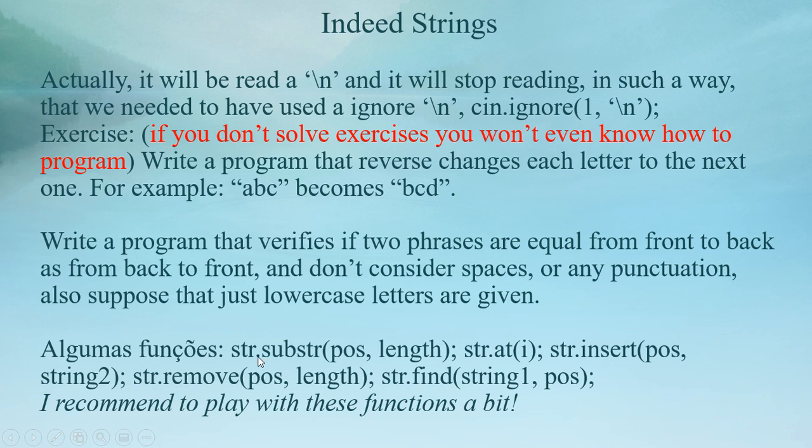But there are some functions. For example, if you want to take a substring, we have the function that takes a substring from the str. This is a string of the class string, and this is the position and length. So from this position, for that length, it gets a substring. str.at takes the element at the position i.